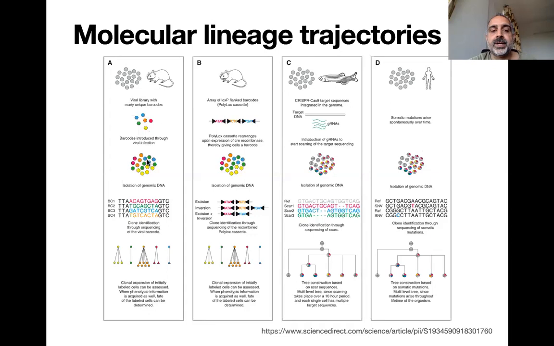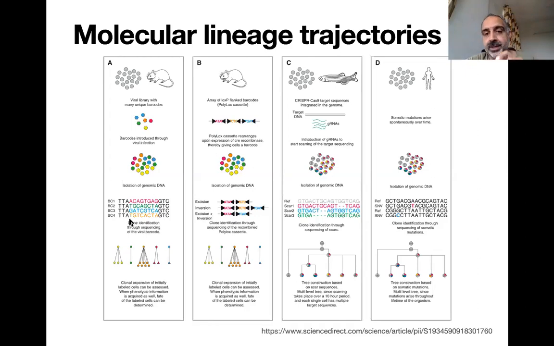These barcodes are then integrated, and a barcode is going to be a particular sequence of DNA. And so these barcodes are shown here. These barcodes will integrate into the genome, and then as the cell divides, the barcode, of course, will be carried on into the progeny.